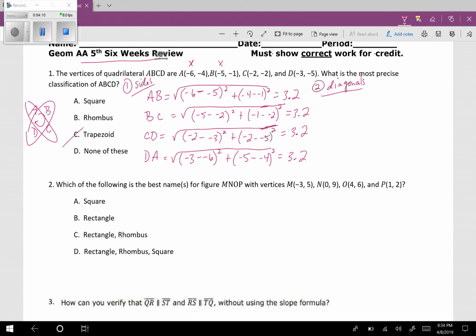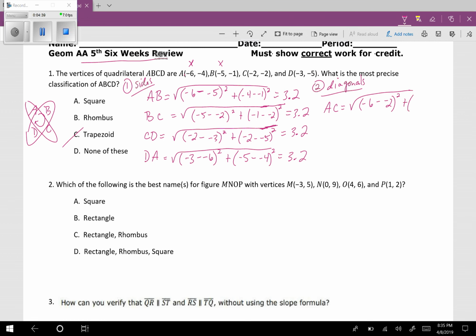Y'all, if you get confused, your test has graph paper, so you can graph it. Okay, and you might be able to count some of the distances, but like if they're on a flat or like a horizontal or vertical line. But just plot it so you can see the diagonals. So we got to find the length of AC. Okay, so AC is going to be A minus C, so -6 minus -2 squared.